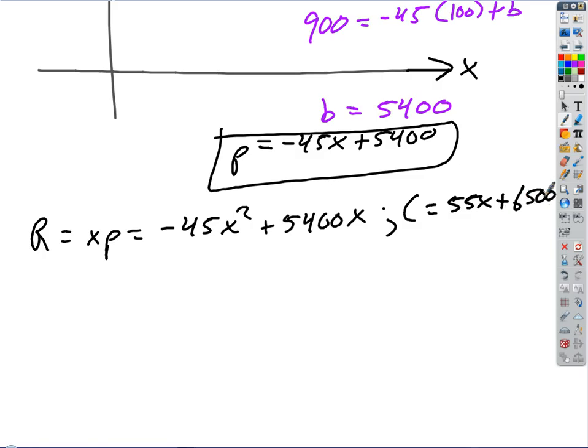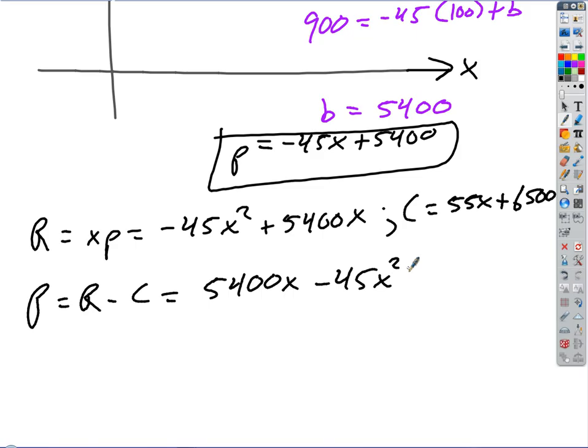We are done. So profit is revenue minus cost. Much better. Minus the quantity 55x plus 6,500, right? So if we combine all the like terms, we get what? 5345. You better check me.